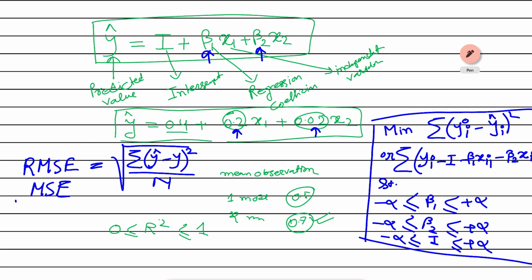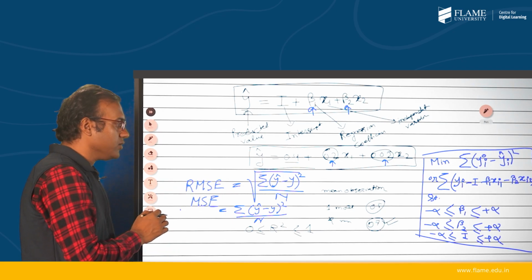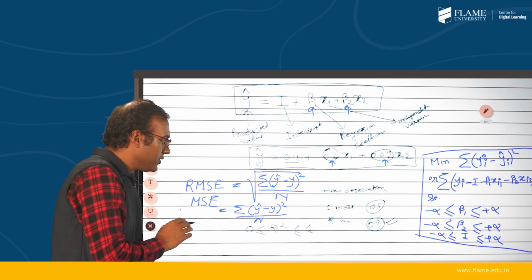So you take the difference between your observed value and predicted value, square it, sum it, and divide by the number of observations. If I calculate MSE, the mean square error, that is nothing but the sum of y hat minus y squared, divided by n. So these are a couple of metrics which are used to evaluate your regression equation.